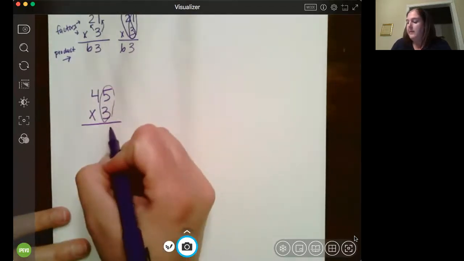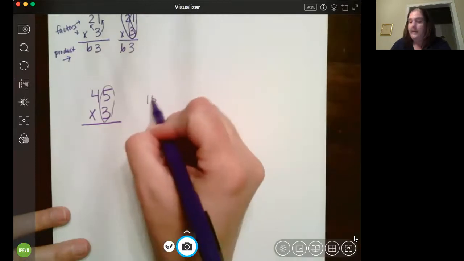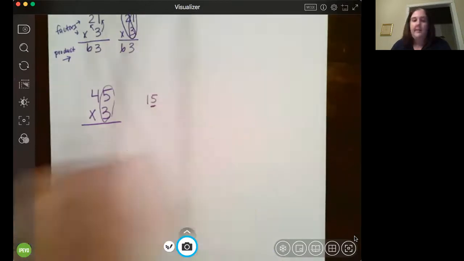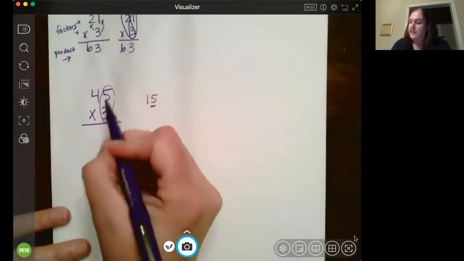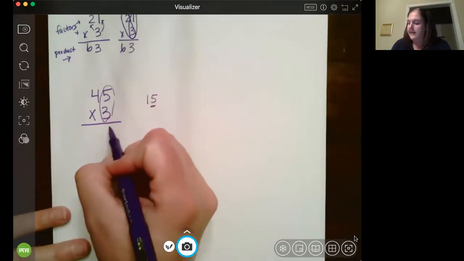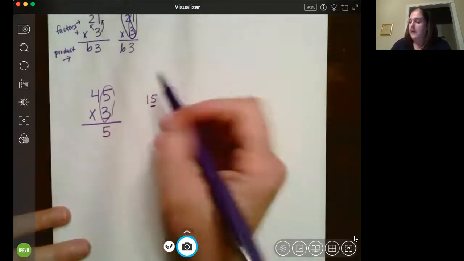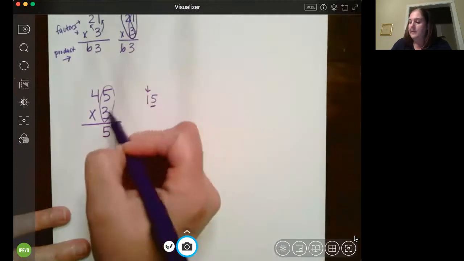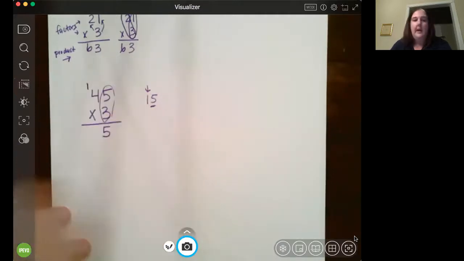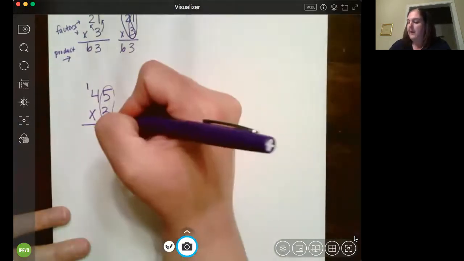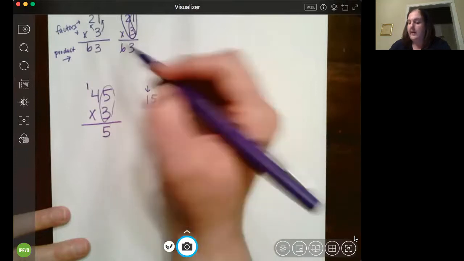Now this one's a little bit different. In the number 15, my 5 is in the ones place. Since I'm talking about the ones place here, that's the number I write. Now the 1 is in the tens place, so we've got to carry it over, and we'll put the little 1 above the 4, because that's showing us that it's in the tens place. We have to be kind of careful with that.